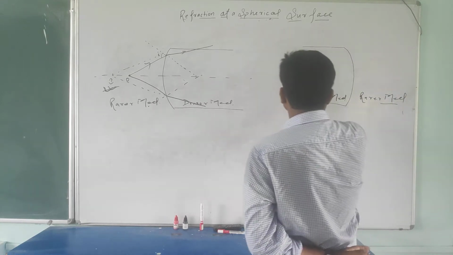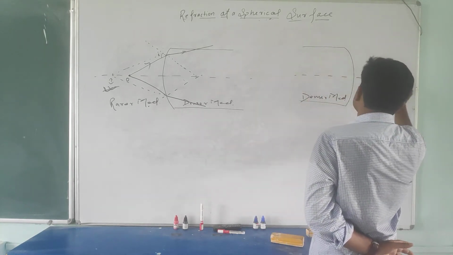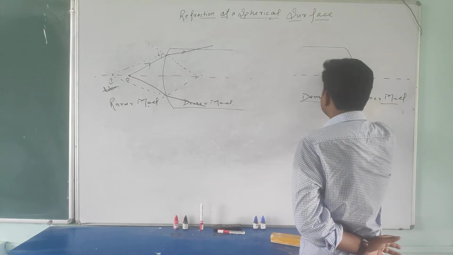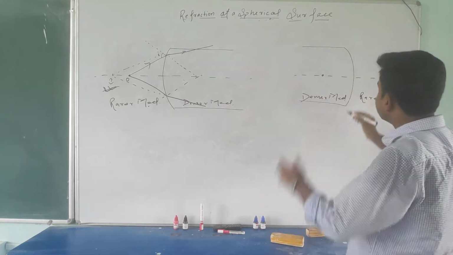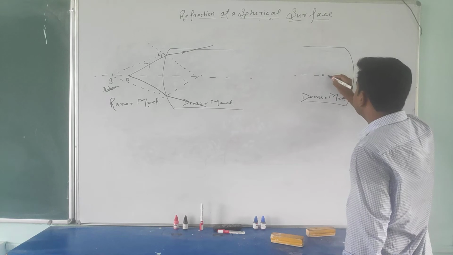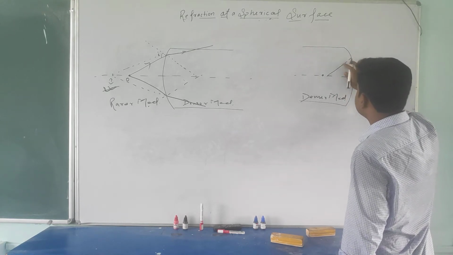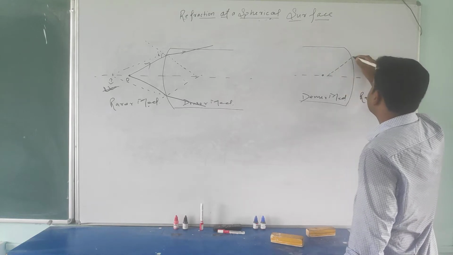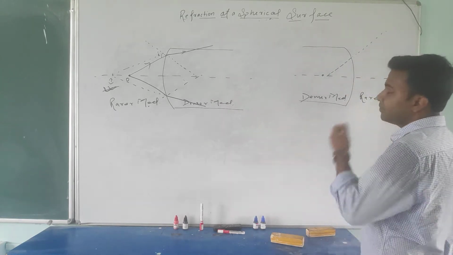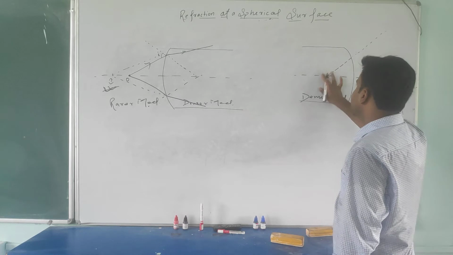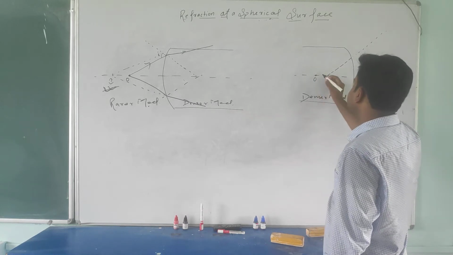Okay, so now student, if our object is placed here in this denser medium at this point, okay, and this one is the normal, sorry, we used to denote it with this line. So here this one is the center of curvature and we have an object at this point.